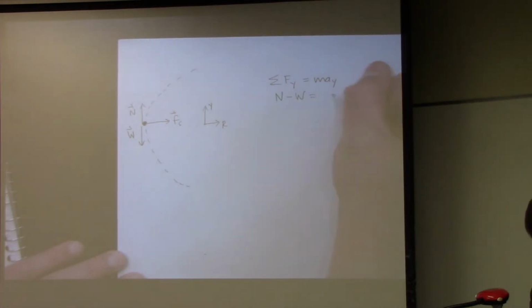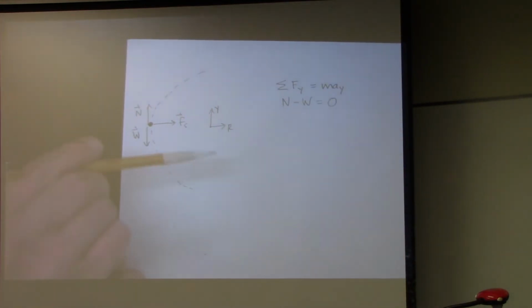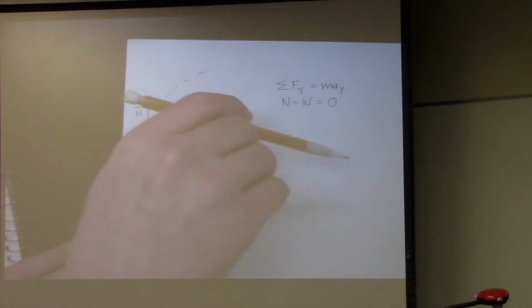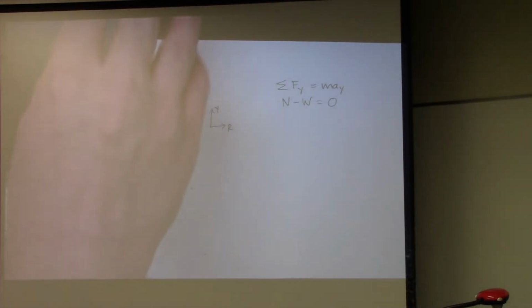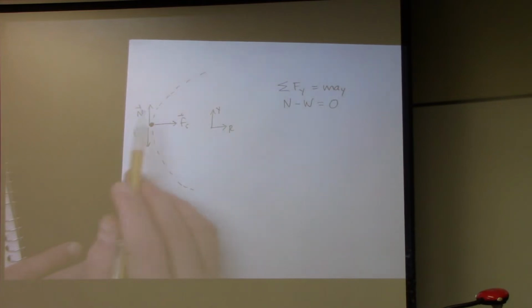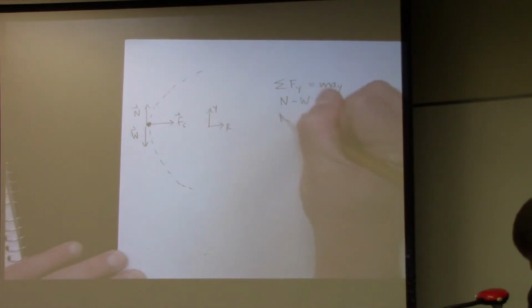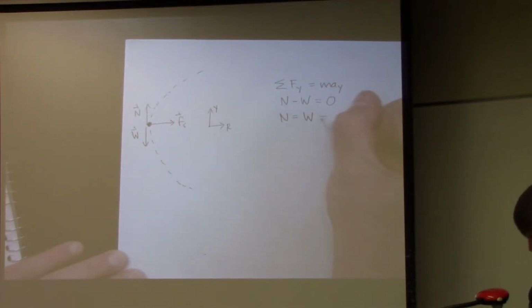That equals 0, because there's no acceleration up or down in the Y direction. At least at this point, it's not necessarily true at other points in the ride. So the normal force minus the weight is equal to 0, which gives N equals W, i.e. the normal force is just equal to mg.